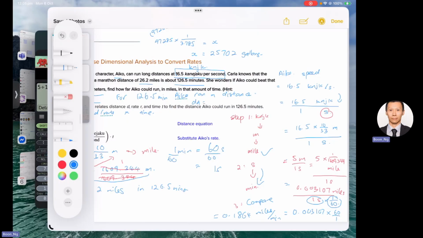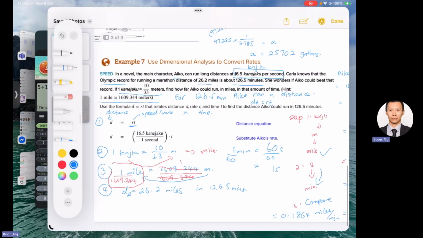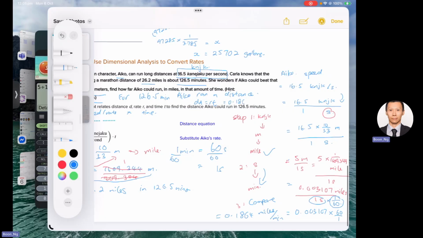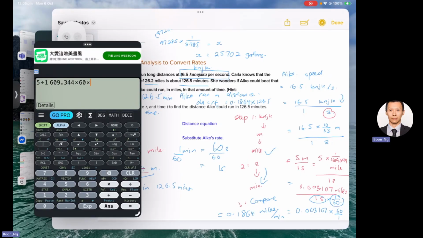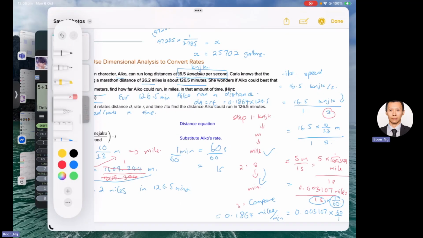So distance equals RT. Remember? RT. R is 0.1864 times T, 126.5. The answer would be 23.6 miles.